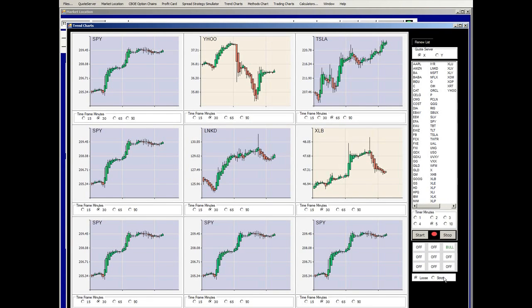And here's that loose and strict rules again. Loose means that we're going to get a trigger if Tesla satisfies the momentum pullback rules on the 65-minute time frame. If we chose strict, then Tesla would have to satisfy both the momentum rule and the trend rule on the 65-minute time frame. So it's a little tougher standard.